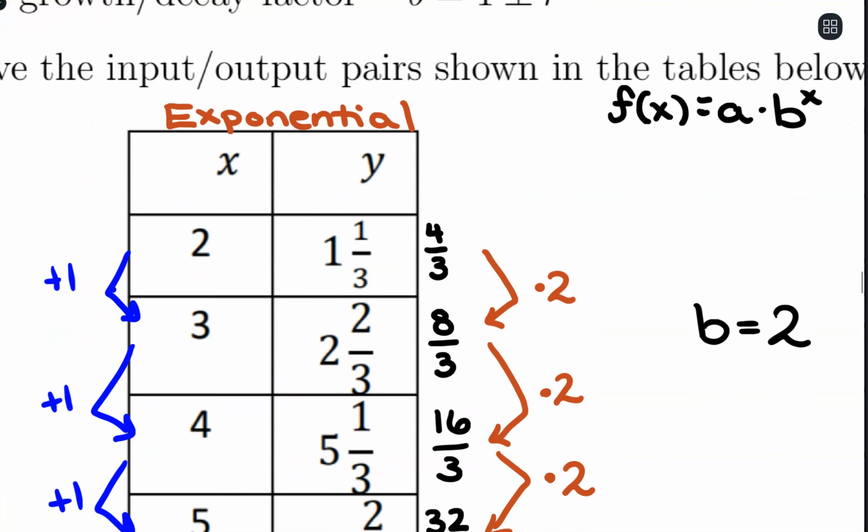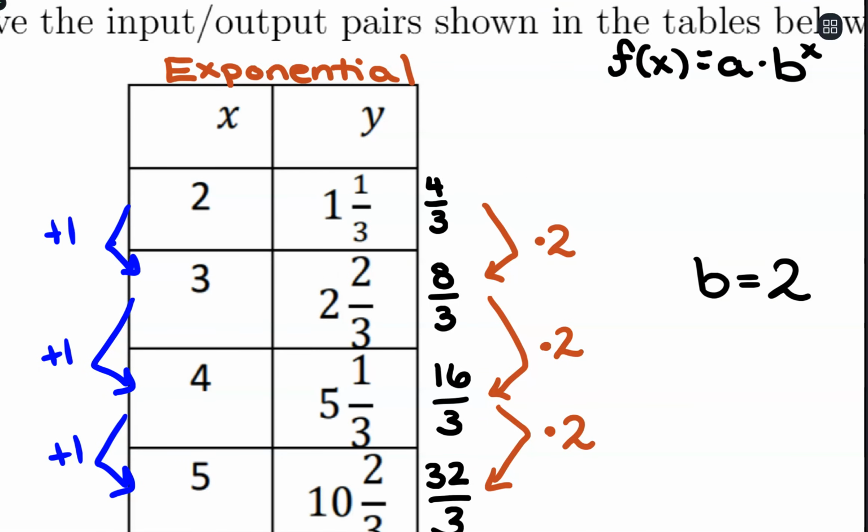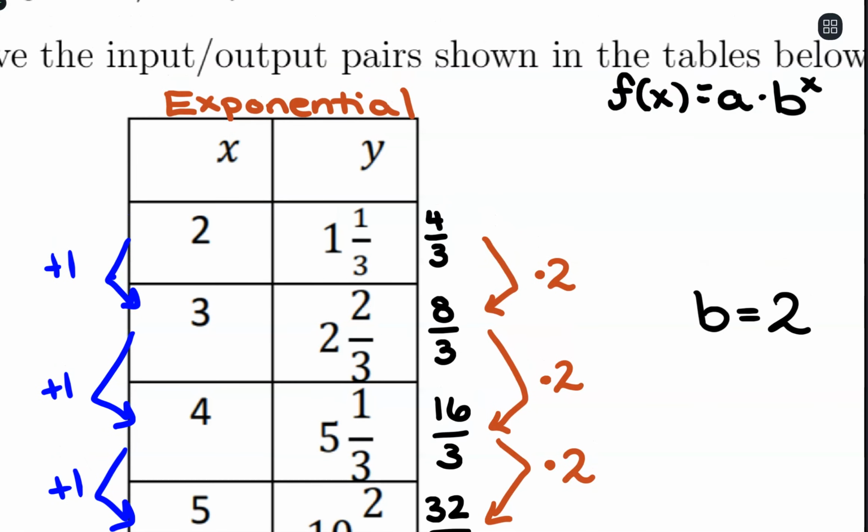So in terms of our function, a times b to the x, in this case, b is equal to 2. So that number that we're multiplying by would be our growth factor. To get the initial value, you'll notice that x equals 0 isn't on this table, but we could find it by going in reverse on our table. I'm going above the 2 and 4/3. Moving down the table, we're multiplying by 2, so to go in reverse, we would divide by 2.